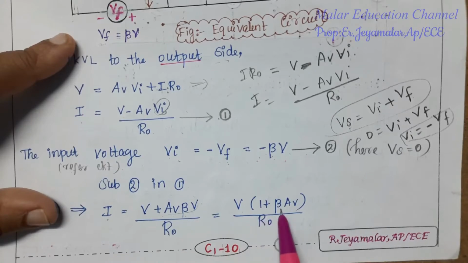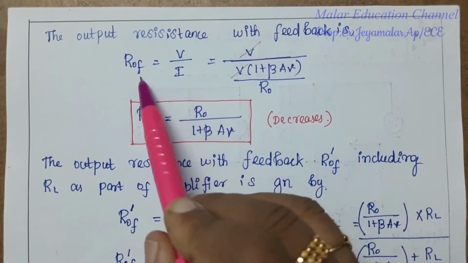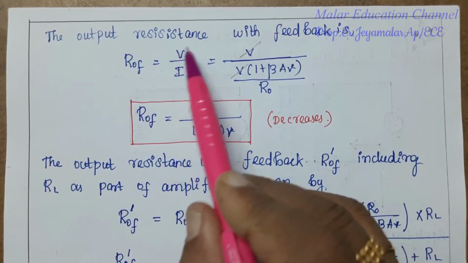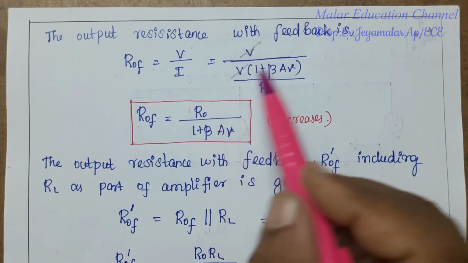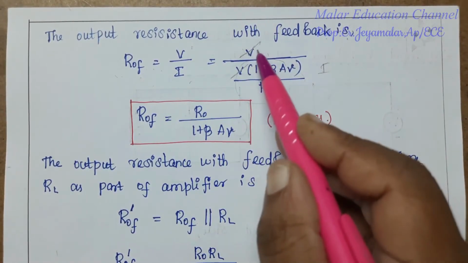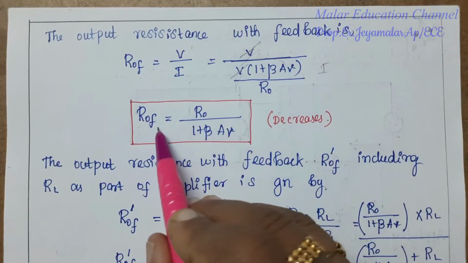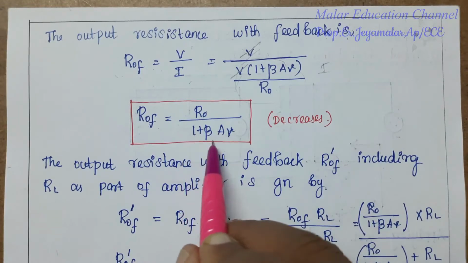So I equal to V into (1 plus beta into Av) divided by R0. The output resistance with feedback is R0F, equal to V by I. Substituting the whole term for I, the numerator V and denominator V get cancelled. The final answer is R0F equal to R0 divided by (1 plus beta into Av).